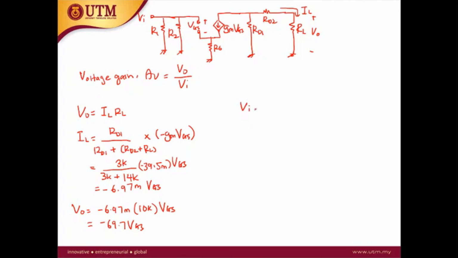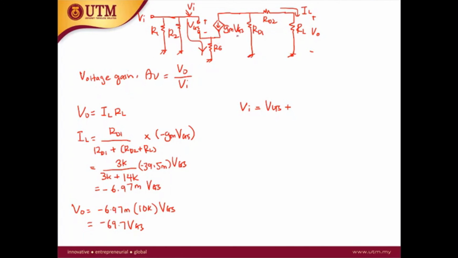How about the V in? V in is the voltage here. From this point toward the ground, if you use this current path, you will have V in equal to VGS, this voltage from this point to this point, and then you need to add on the voltage drop at the RS. The voltage drop at the RS is the current at the RS times the RS.